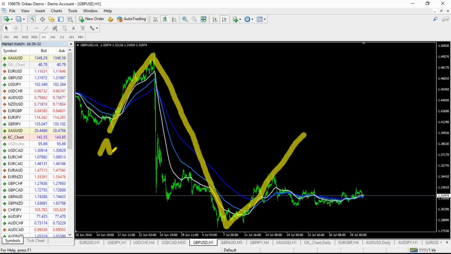So that's my A here, and that might be right C and D. Now I'm not giving up as yet because there are no reasons to show me that this pattern has actually failed. So this pattern has not failed as of now, because I see that we have got support here. There's some higher lows as well, and higher highs.